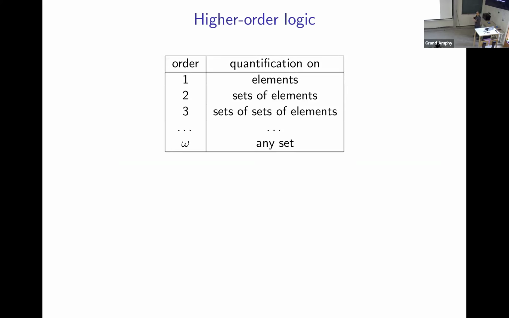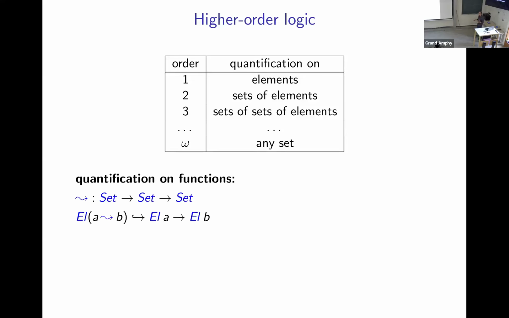So now we are going to see how to do this at any order, but it could be possible to restrict this. So what if we want to add quantification on functions, for instance? For doing this, we just need to add a new constant, this funny row, to represent function types into the set type.